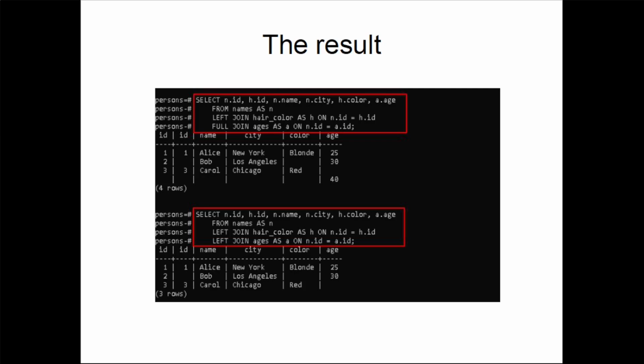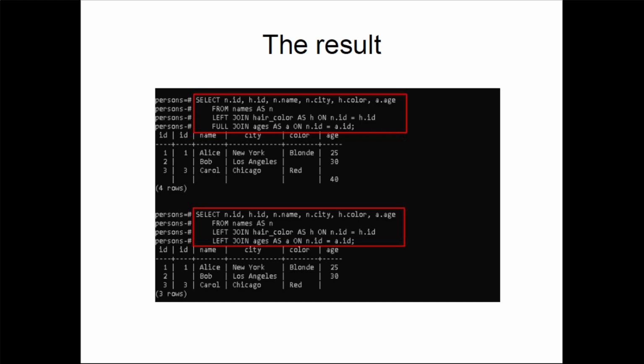On this slide we see a visual representation of the difference between the full join and the left join. The top part of the screen shows our first query, the full join. Below it is the same query, but with a left join instead of the full join. Our names table has 3 rows. We perform a left join, names on the left, hair_color on the right, so all rows from the names table are included in the result.